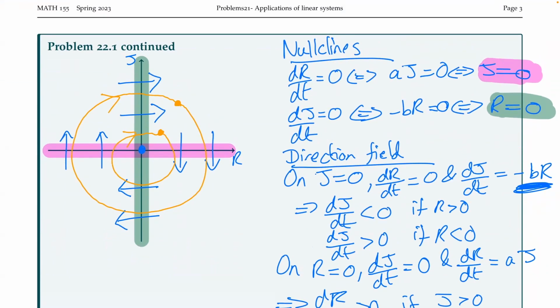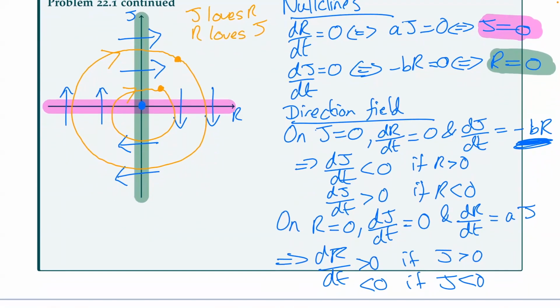Well, when j and r are positive, we have that Juliet loves Romeo and Romeo loves Juliet. But we see that doesn't last for very long. Eventually, down in this region, Juliet hates Romeo, but Romeo still loves Juliet.